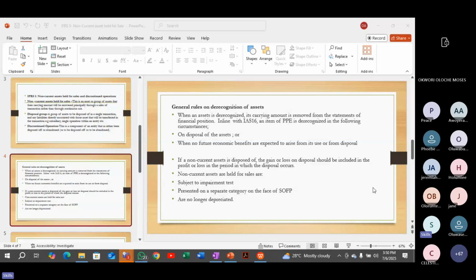All right. So what I'm saying is that in everybody's household, as we are in this class, we will always have something that we no longer want to use anymore. You want to dispose of it. If it is a fridge or a freezer that you no longer want to use anymore, that means you will put it aside. Either you sell it off or you give it out.